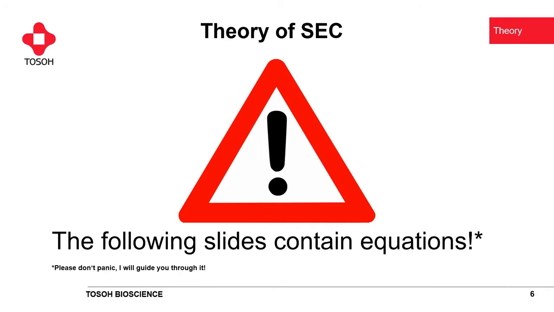Before we go into examples on how to improve the separation performance, I would like to quickly go into the theory of size exclusion chromatography, as this will help us understand why we can change specific things to make the separation better. And yes, we will see some equations, but I will explain it, so no worries.